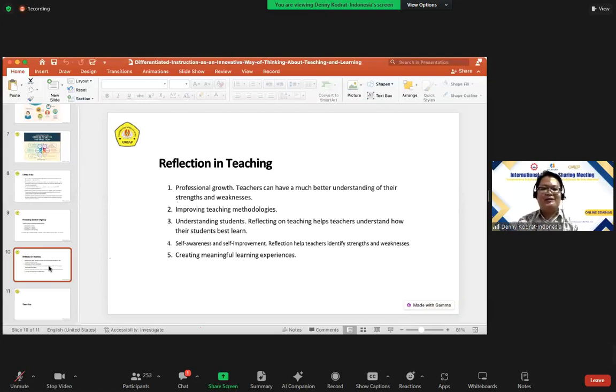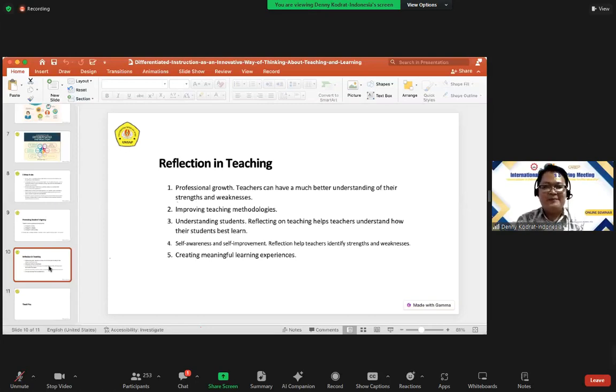So it relates to professional growth. Today, the Indonesian government insists that teachers from kindergarten until senior high school and vocational high school learn. The government provides the platform, and the teacher should use that platform for professional growth.